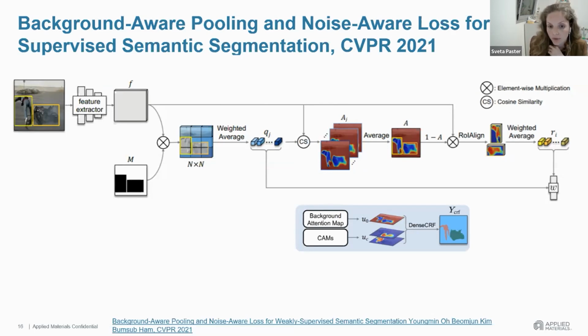The way they do that is using the background attention map, which they can calculate using this classification network, and they also use CAMs, class activation maps, one for every class. Together with those, they then use CRF, and they get a new mask for segmentation.